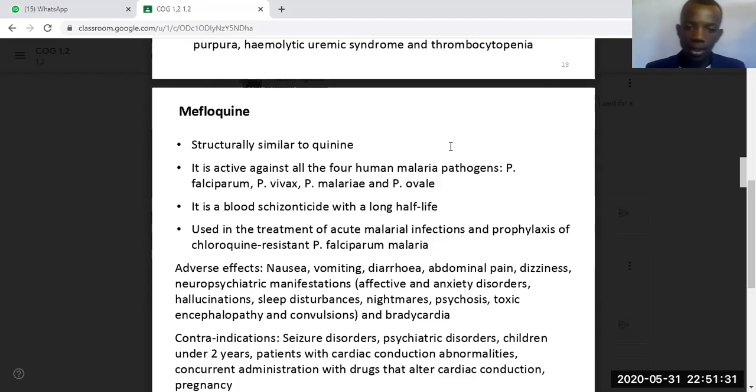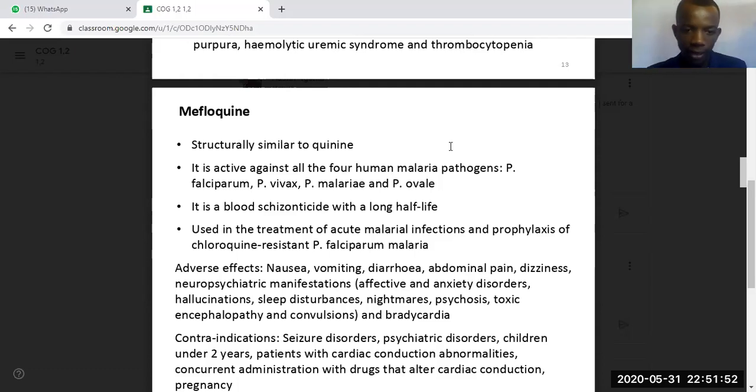It is a blood schizonticide with a long half-life. So again, we're talking about the similarities with quinine. This one is used in the treatment of acute malarial infections and prophylaxis of chloroquine-resistant Plasmodium falciparum malaria.